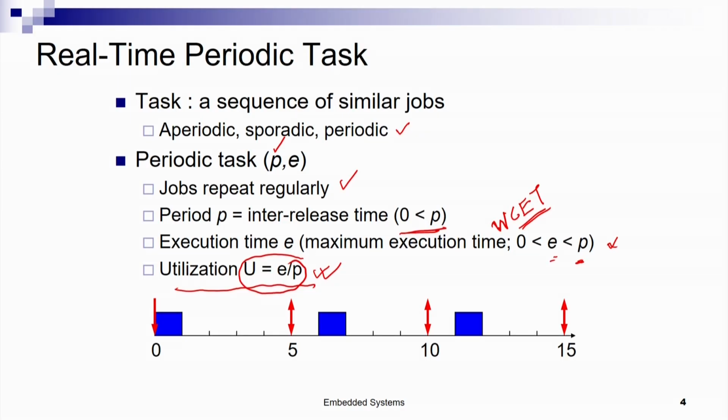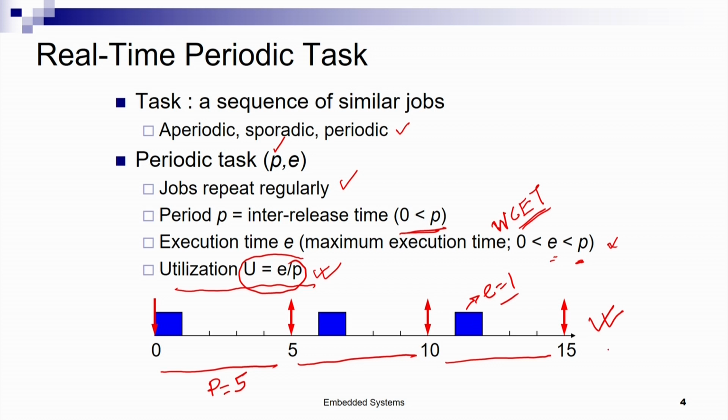In this case we have a periodic task. The periodic task has a p value of 5, because jobs arrive every 5 time units. The execution time E we see is equal to 1. The time required is 1.